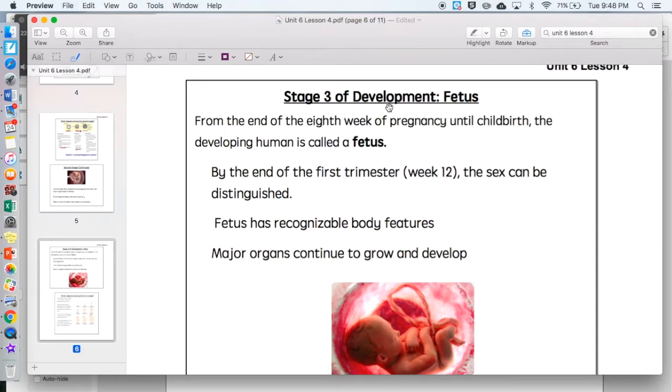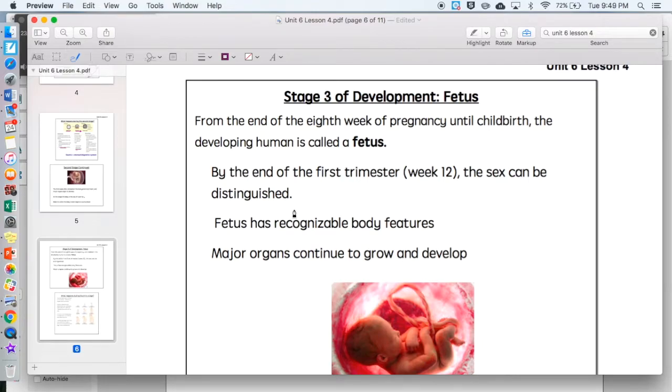All right, stage 3. This is when it's called a fetus. So this is from the end of the 8th week, after it was an embryo, all the way through the end of pregnancy until childbirth. So months 3 through 10, roughly. The developing human is called a fetus. By the end of the first trimester, which is week 12, the sex can be distinguished, so male or female, based on the organs that the doctor can see through the ultrasound.